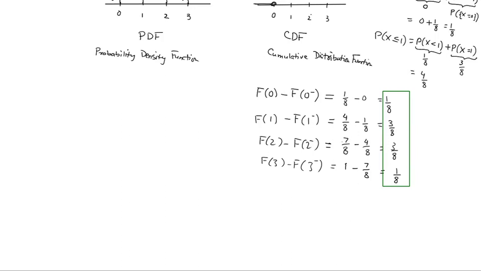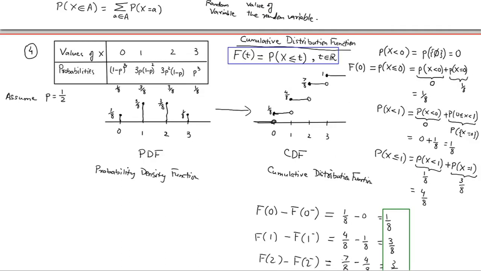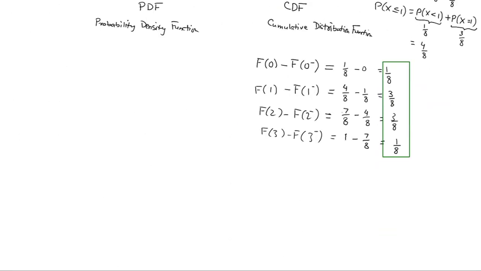So which means that adding of probability density values gave you the cumulative distribution function, while subtracting, the inverse of adding, right?